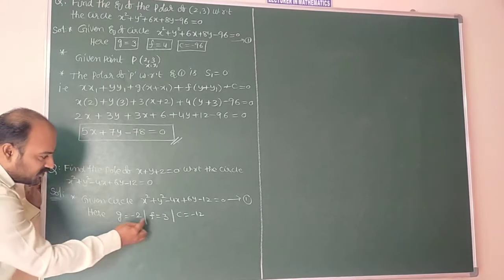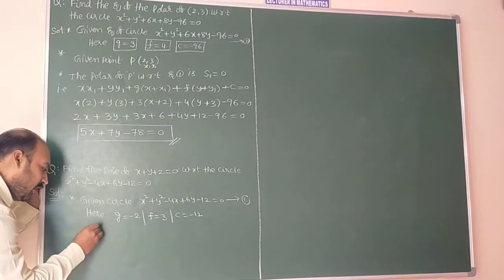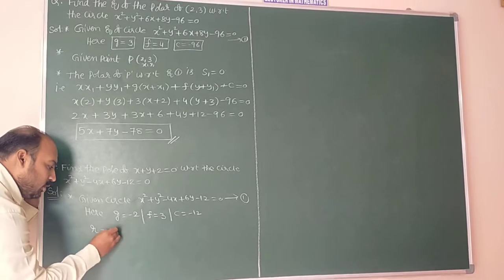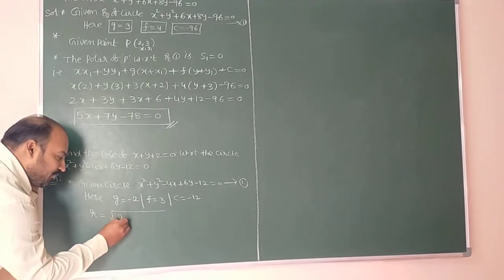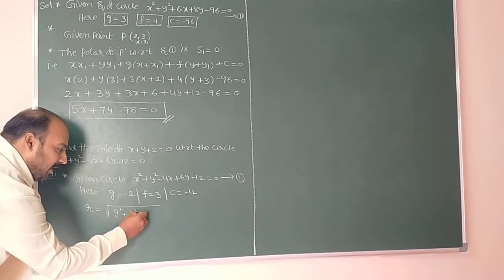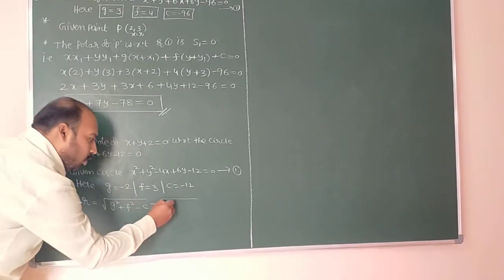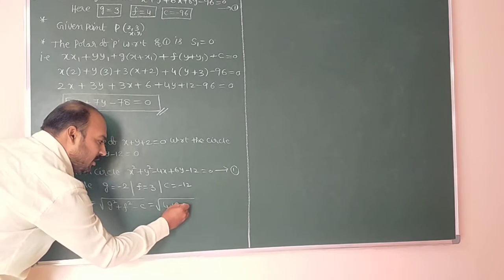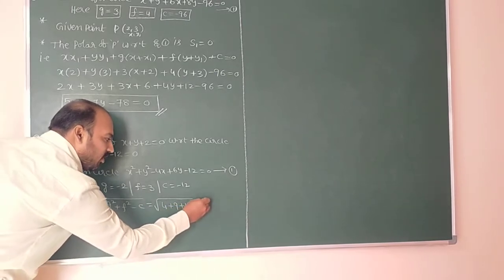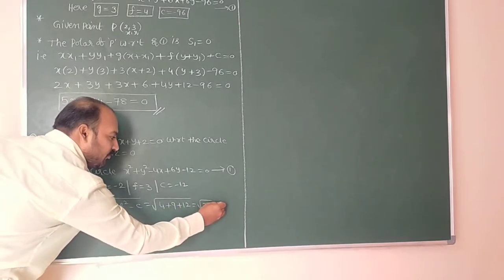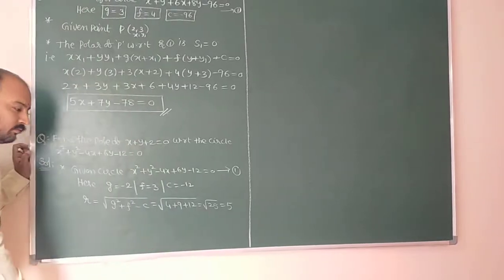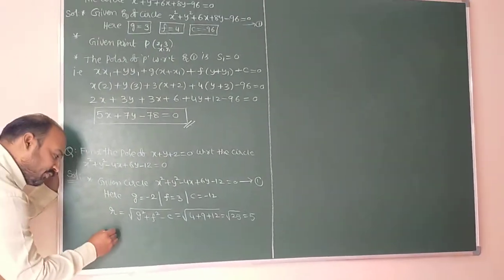After getting the values of g, f, c, the radius value can be calculated. The radius r equal to square root of g square plus f square minus c, which is equal to square root of 4 plus 9 minus of minus 12, which is equal to root 25, which is equal to 5. We got the value of r as 5.